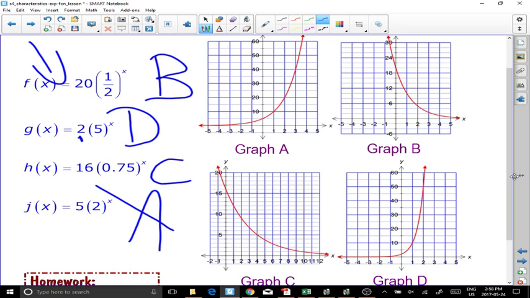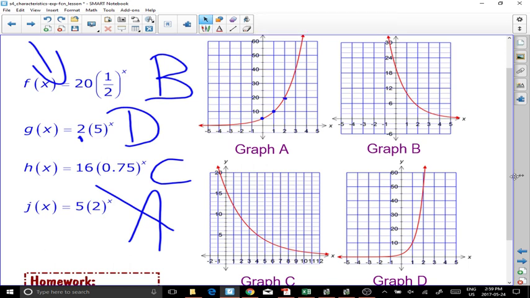Okay? What else do I want to say? I guess I want to say this. If I look at this graph right here, graph A, you see here it's 5. And when x is 1, it goes up to 10. When x is 2, it goes up to 20.